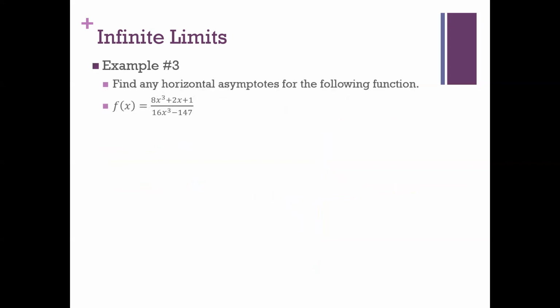All right, let's find horizontal asymptotes for this thing. So, as we just said, what are we looking at? If I want to know where horizontal asymptotes are, what am I really looking at? What variable do I care about?